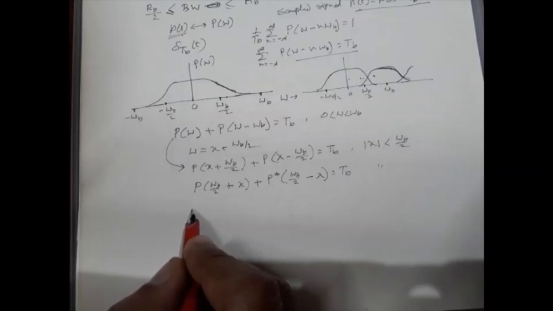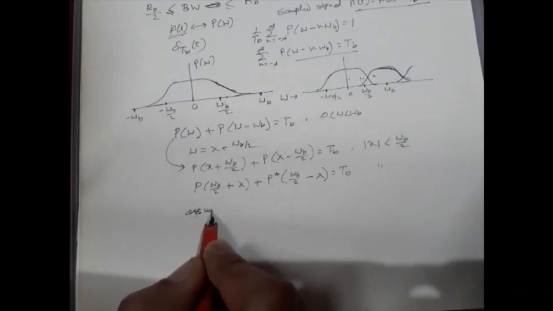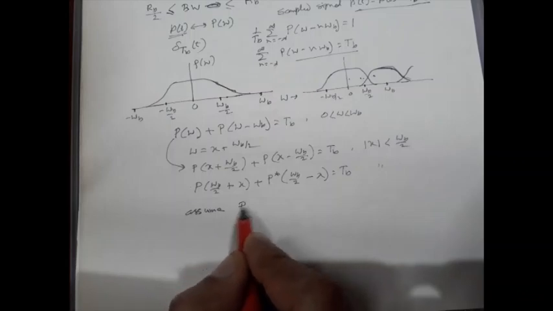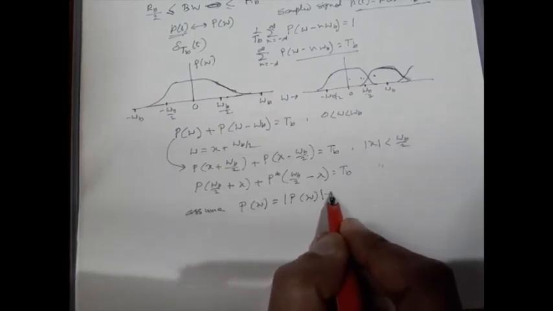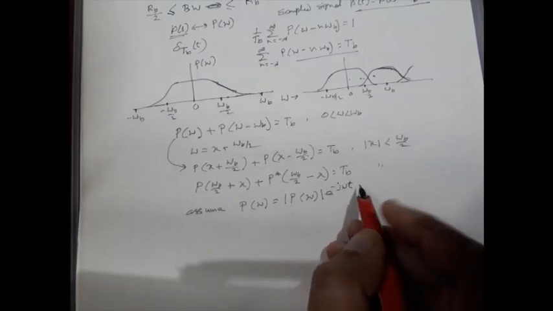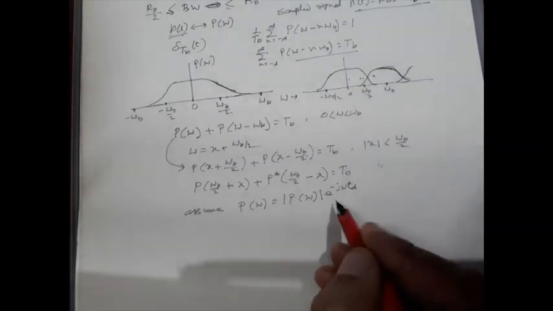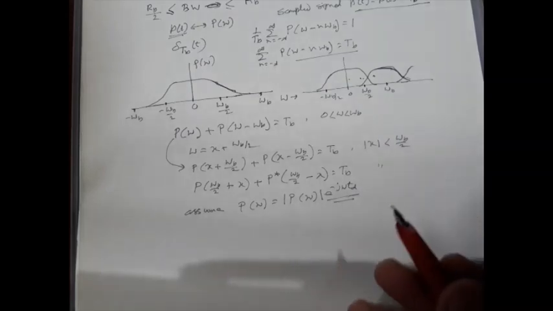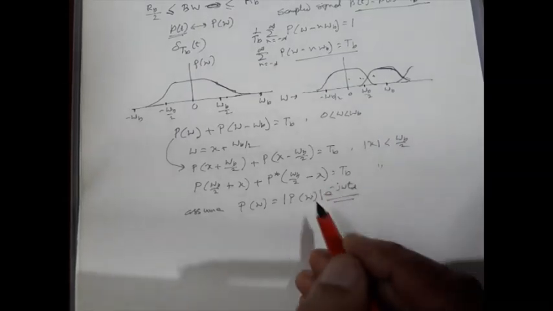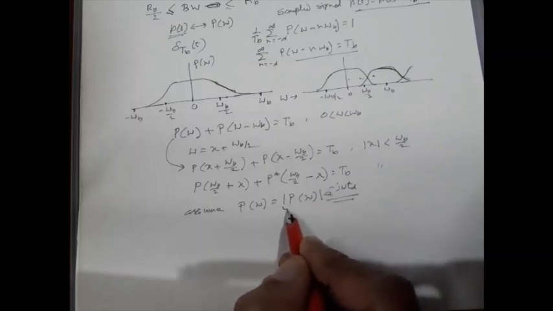Now if we assume P omega can be written as the magnitude part along with some phase part, then this exponential term represents the pulse time delay. It is a time delay, and this section needs to satisfy this equation.